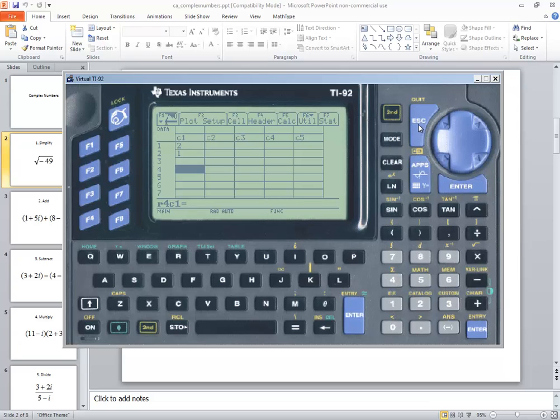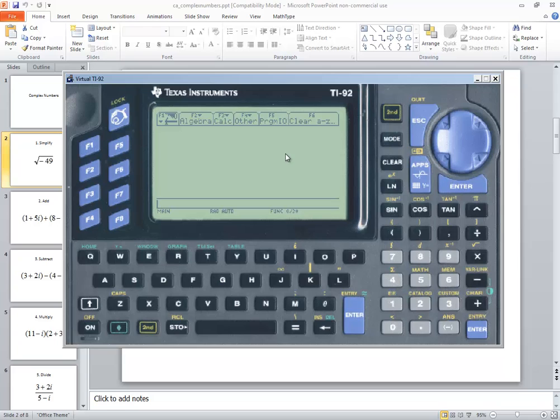Sometimes escape gets you out of items, and sometimes you have to quit. In this case, if I press escape, it doesn't get us out of anything. But if I press my second button and then the escape, it accesses quit and gets me out of there. But anyway, you want to be back here.